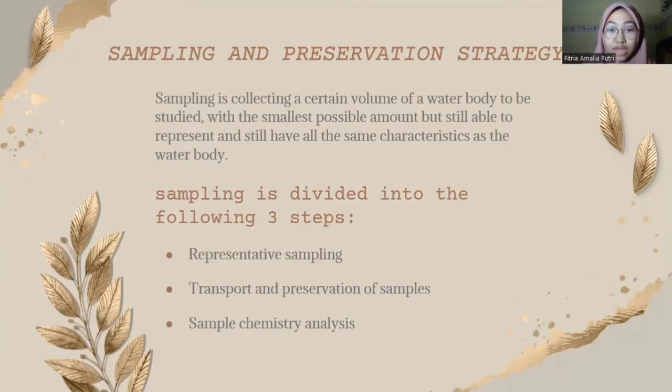Sampling is divided into three steps. The first step is representative sampling, the second step is transport and preservation of samples, and the last step is sample chemistry analysis.